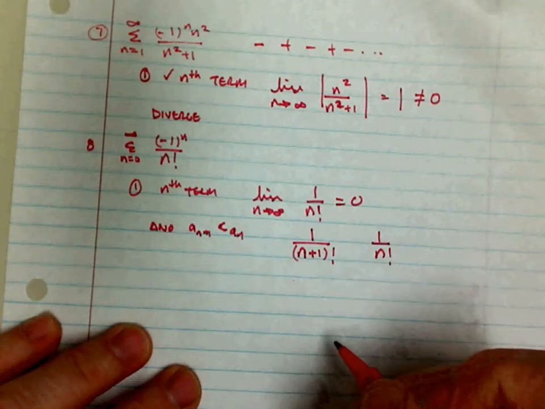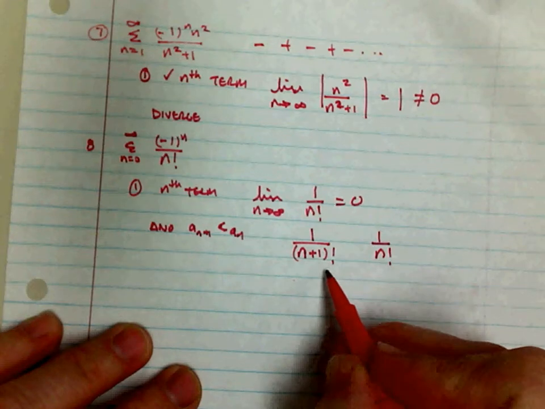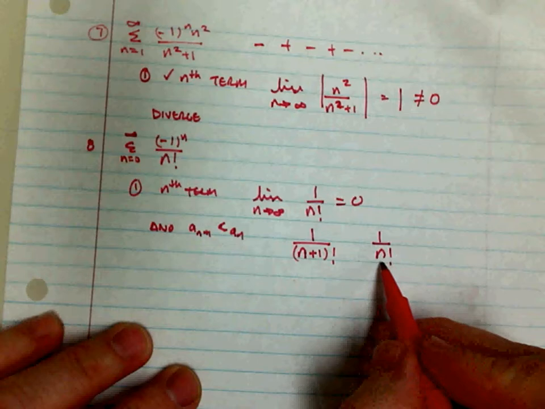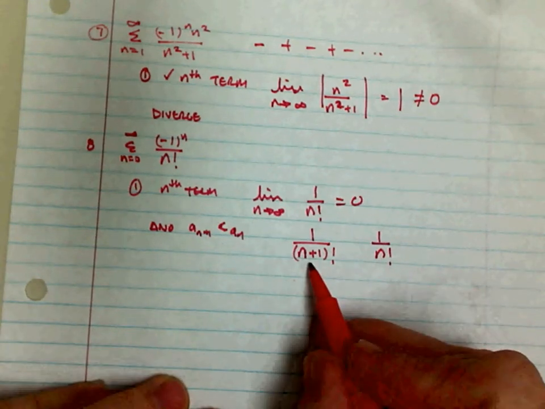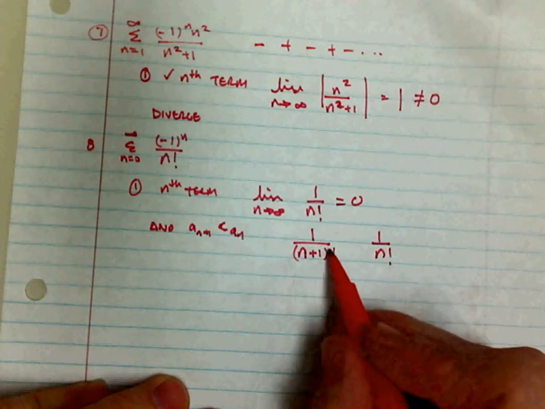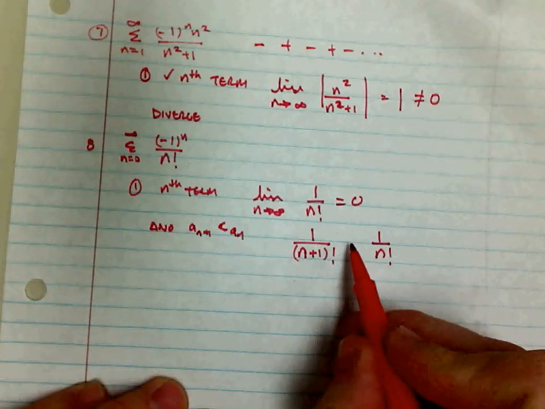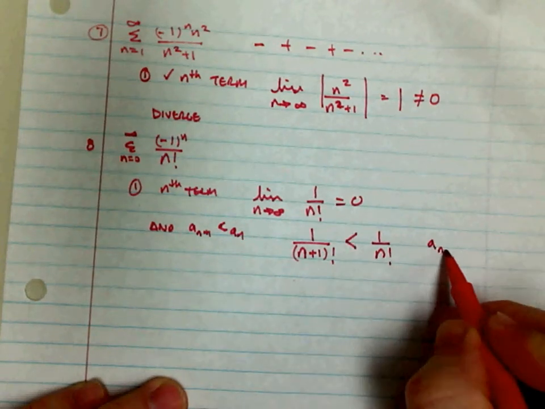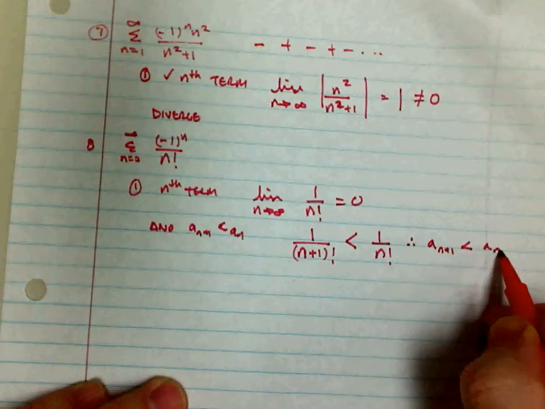Well, that's pretty obvious because our denominator increases by 1 each time, which means, for example, if this is 9 factorial will be the value of the denominator. This one will be 9 factorial times the next term, 10. So obviously, this is always going to result in the nth term less than the previous term.